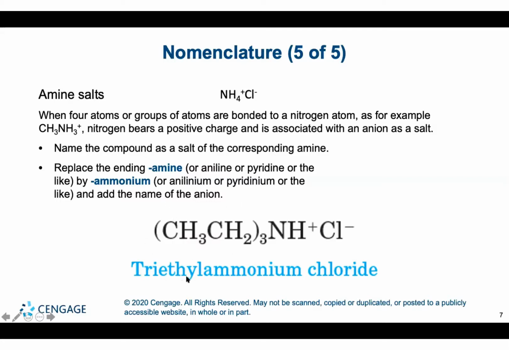It's going to be triethyl ammonium chloride. We just borrow the name from ammonium chloride. What about, do you think, if I had 3 methyl instead of 3 ethyl? It was trimethyl ammonium chloride, right? So make sure that for naming the amine salts, you use the common name of the amines.